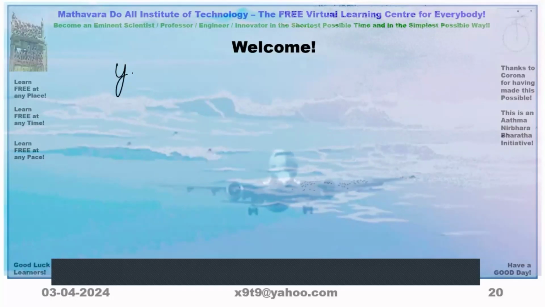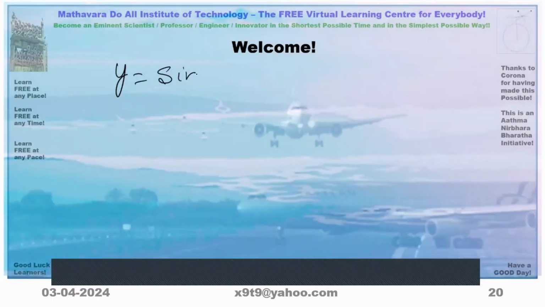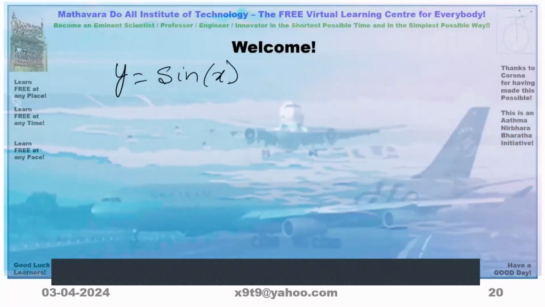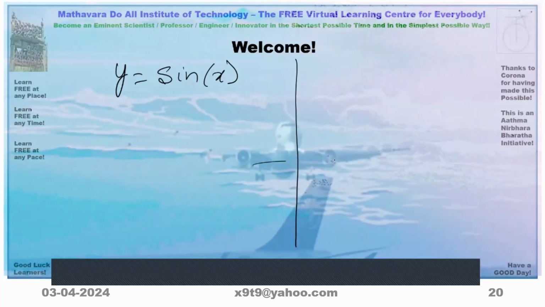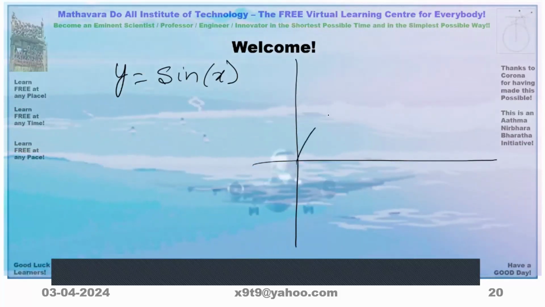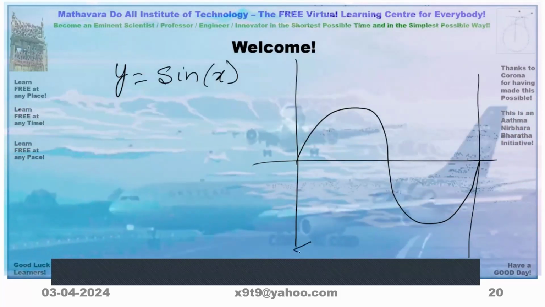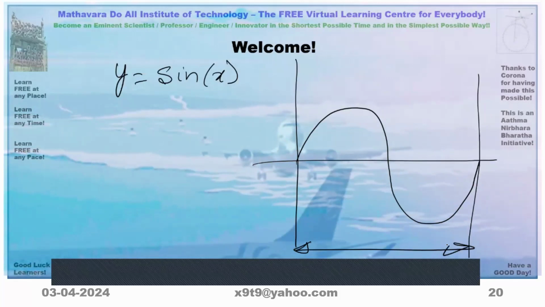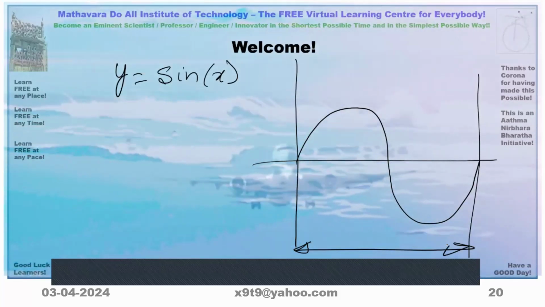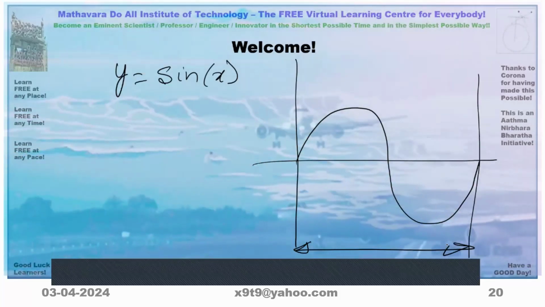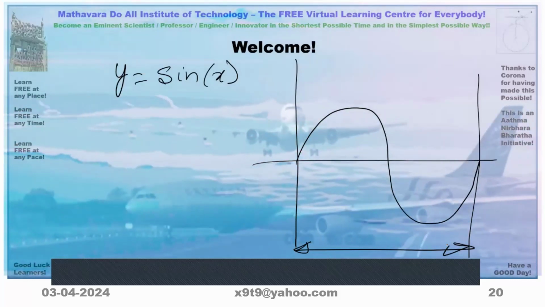Now, see, y is equal to sin x. If we plot, the graph will look something like this. Now, what is the period of this? Is it still 2 pi?